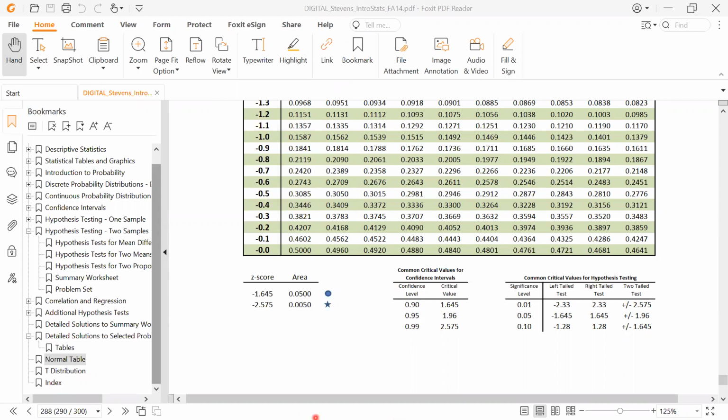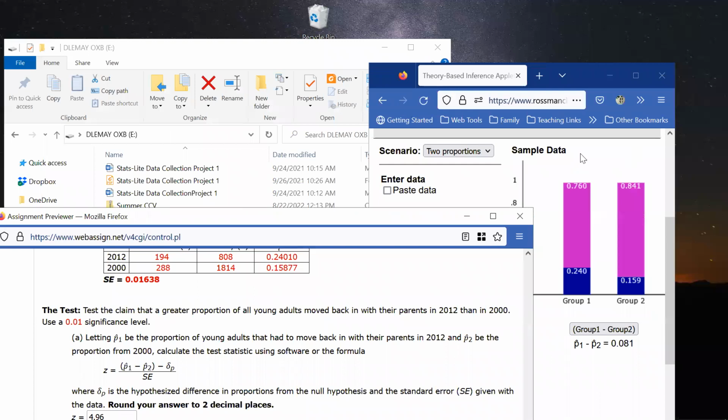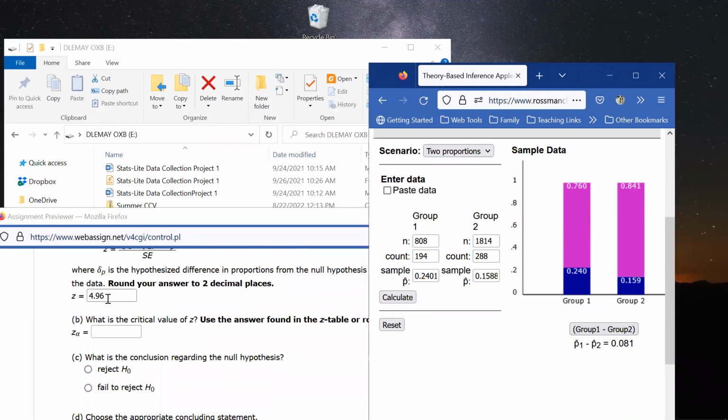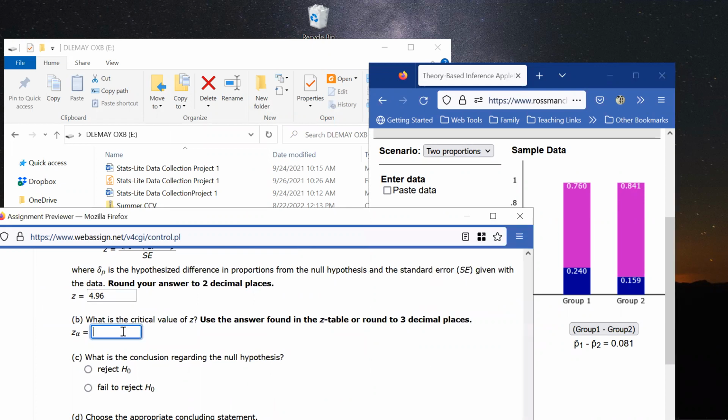Now, if we come back to the Rossman Chance output, I already typed that in. So there's the Z score that came from the test statistic. Since the Z score falls past the critical value of 2.33, we're going to reject H0.